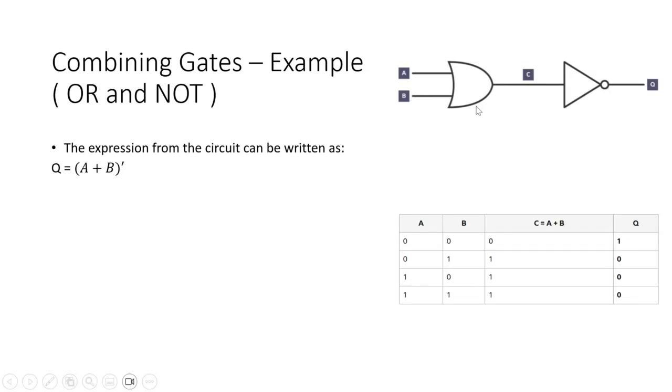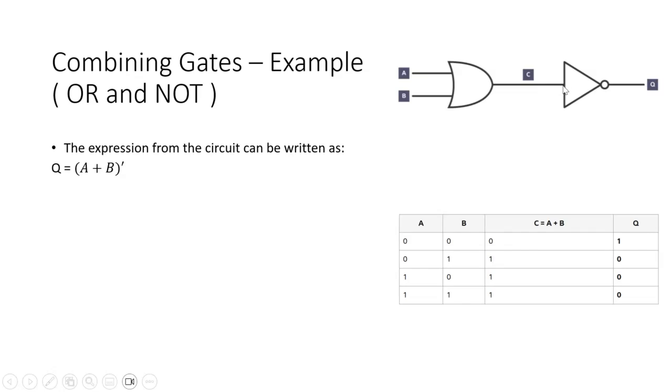Now, what is the output of A and B? It is an OR gate, which is denoted by A plus B, here denoted by C. So C is A plus B. To get the output here, we have to look at the OR table. Now remember, OR is false only when both of them are false. So 0 or 0 is 0. Every other time it is 1. So the column is 0, 1, 1, 1.